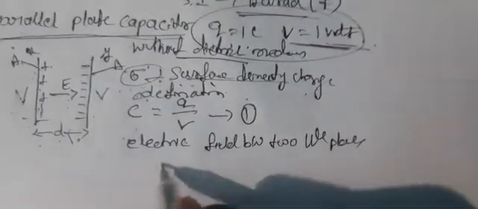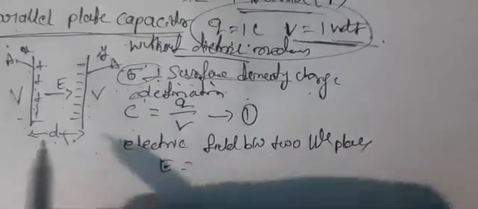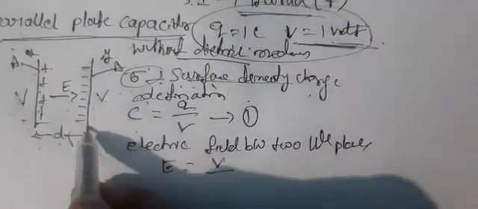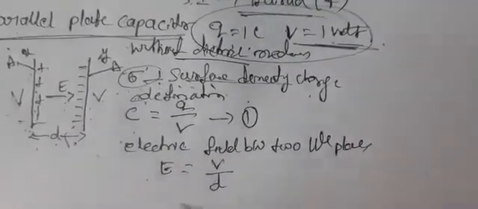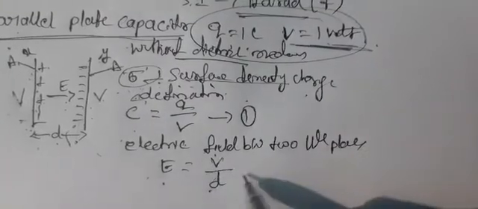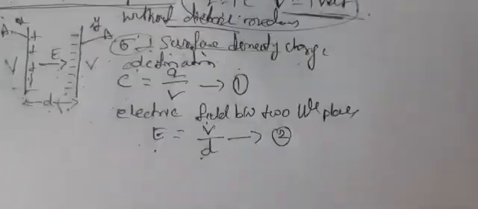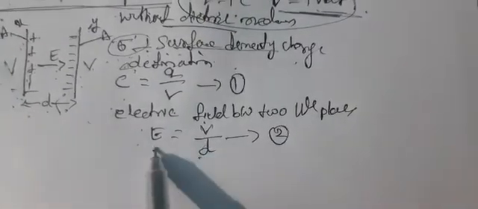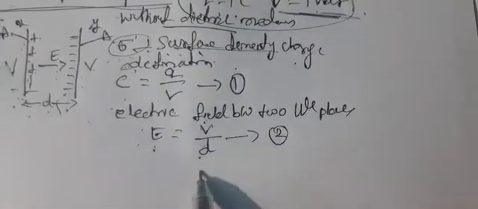The electric field is equal to the potential difference between the plates divided by the distance between them. E is equal to V by d. That is called equation number 2.